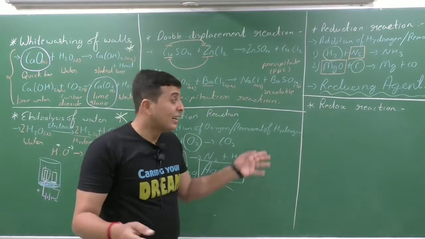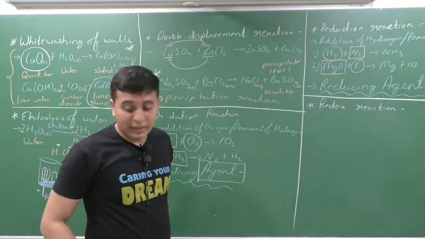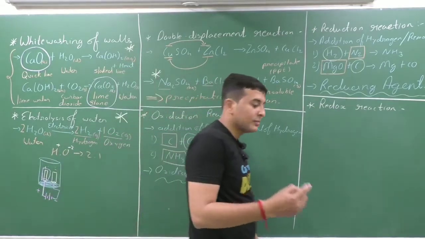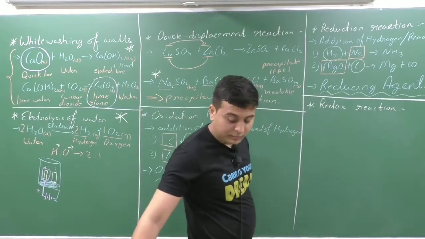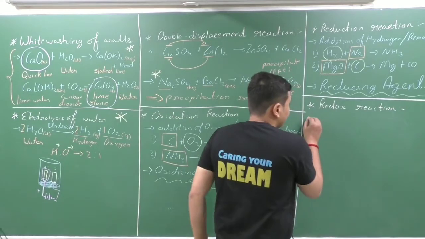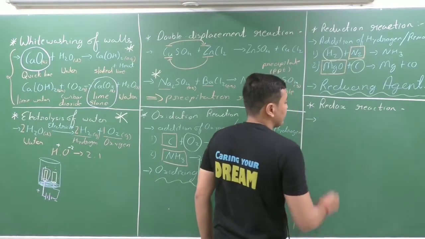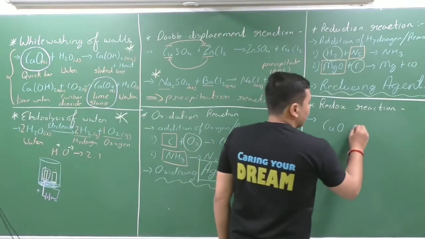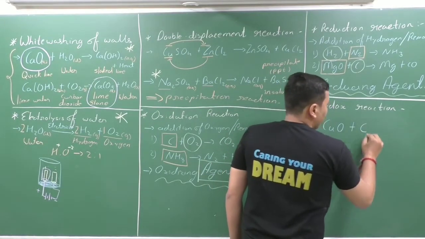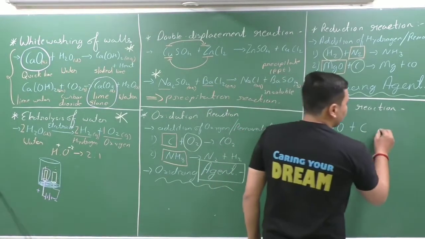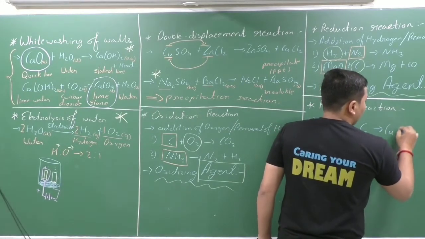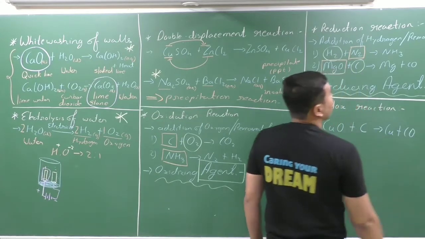Now let us take another example, another type of reaction. Clear? Copper oxide. When carbon is added to copper oxide, it forms copper plus carbon monoxide.